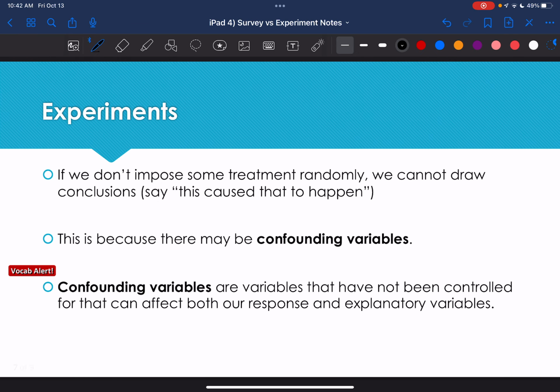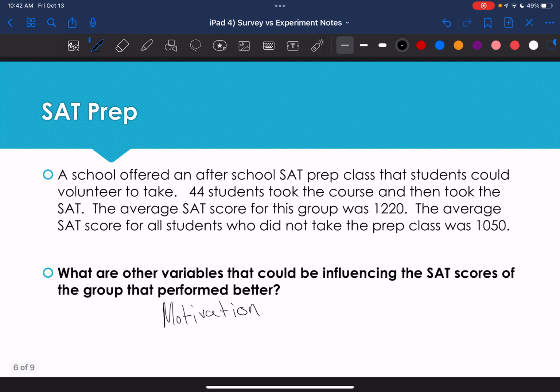If we don't impose some treatment randomly, we can't draw conclusions. We can't get that this caused this. This is because there may be confounding variables. For us, a confounding variable was motivation. Their motivation affected whether or not they would enroll in the class, but their motivation also probably affected their score.